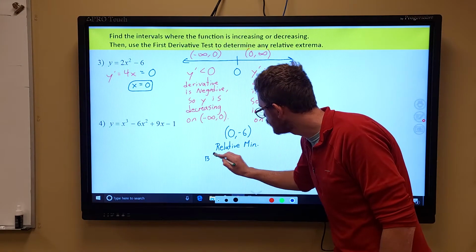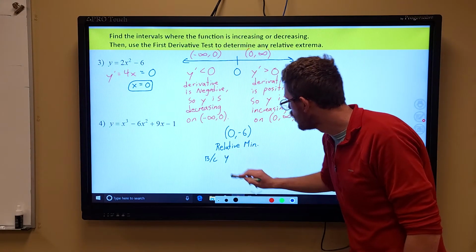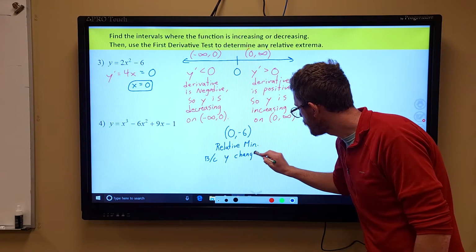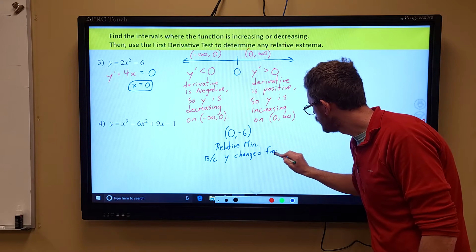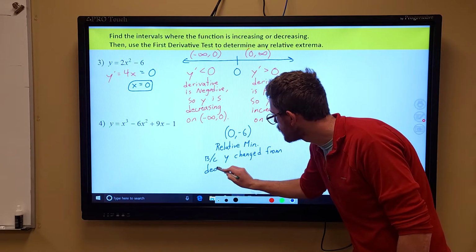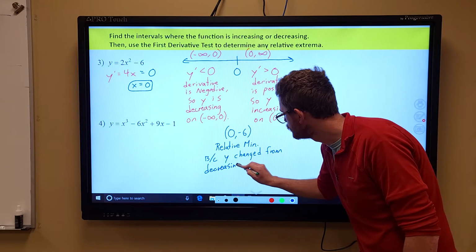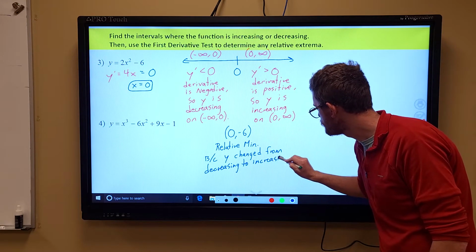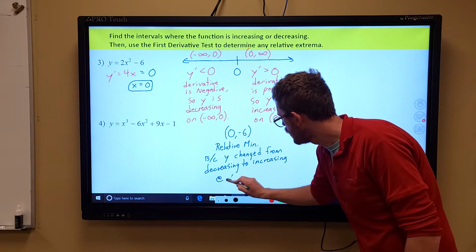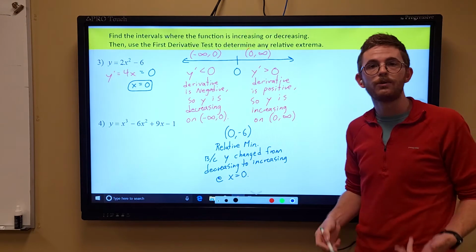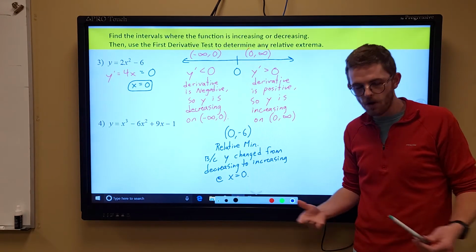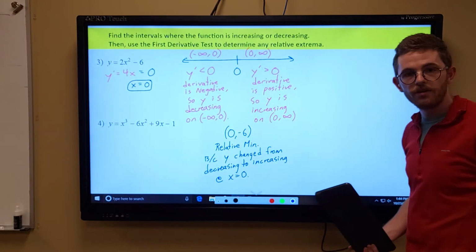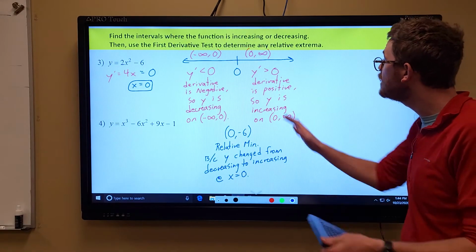And that is because my function y changed from decreasing to increasing at x equals 0. All right, let's completely tie it all together. So take a snapshot in your brain of this. We're going to graph it. We're going to see this all play out.